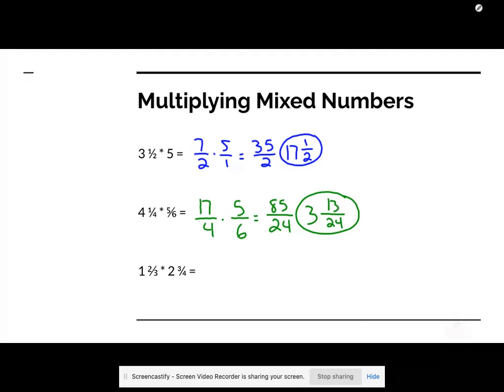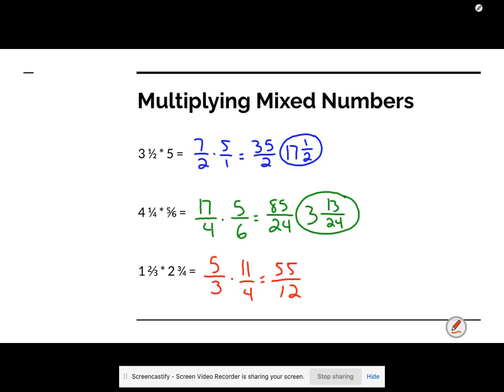And lastly, we have a mixed number times a mixed number. So 1 times 3, 3, 5/3 times 8, and 3 is 11 over 4. So now I'm going to have to multiply across to get 55 over 12.